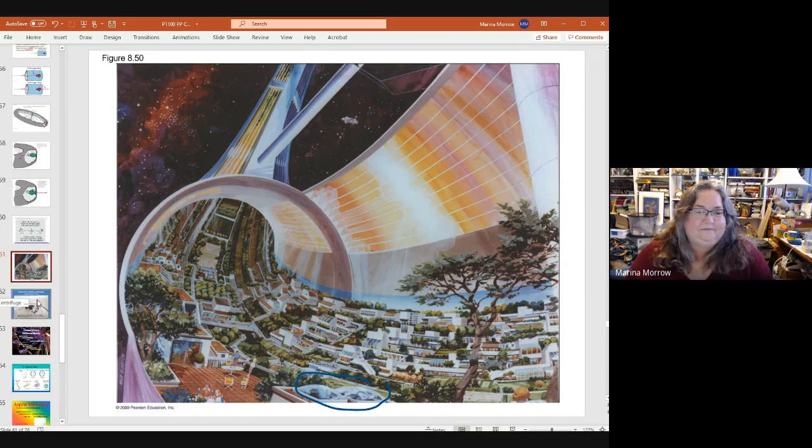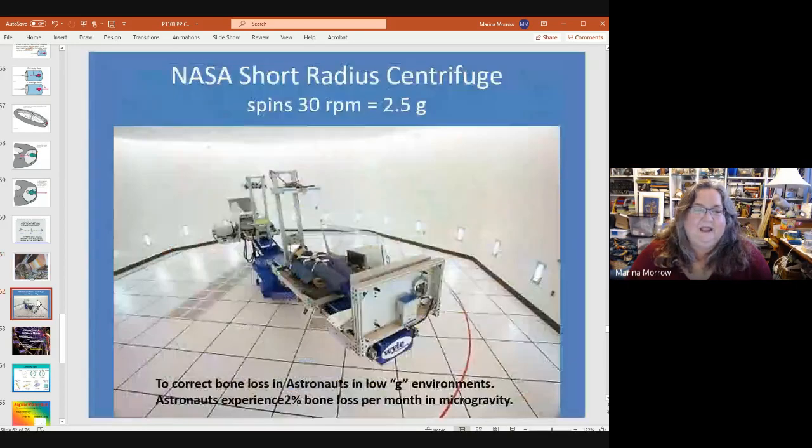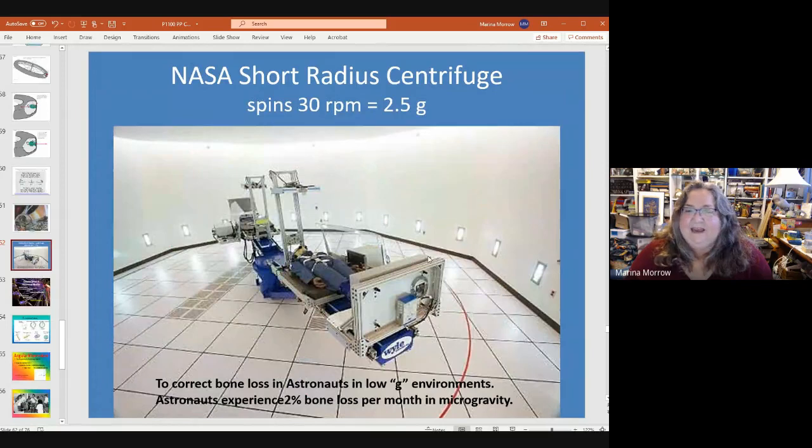So if you've ever seen 2001: A Space Odyssey, it starts out with that spinning space station, providing a gravitational force. And you need a gravitational force out in space because low G causes your bones to stop gaining mass. And they start to lose mass, up to 2% of bone loss per month.